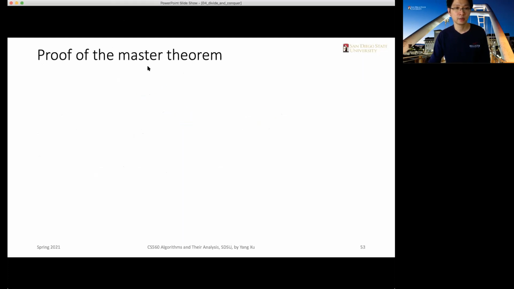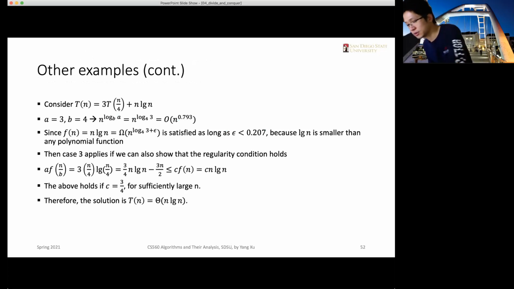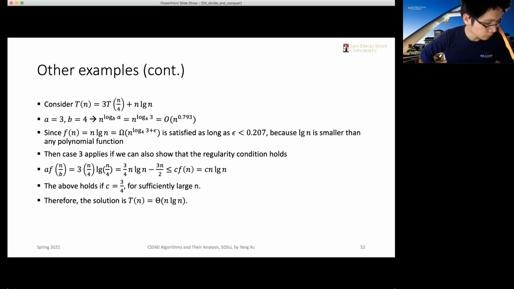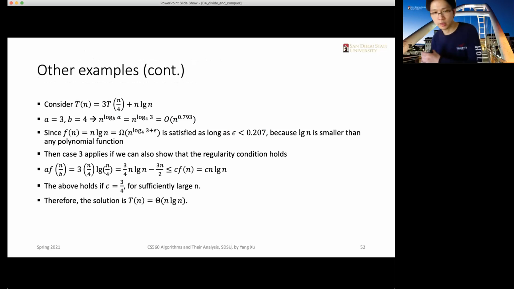Alrighty. Okay. So we have that many examples provided, and we also have some questions that we can work on in the second assignment. So it is indeed a really convenient way to solve recurrences resulting from divide and conquer algorithms.